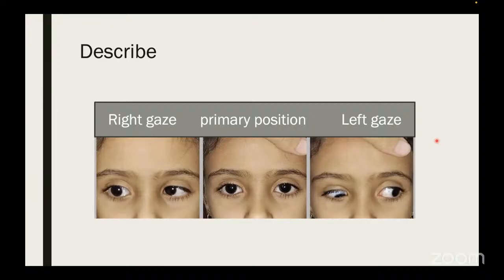On the left gaze, there is downshooting of the right eye on left gaze and normal abduction of the left eye.